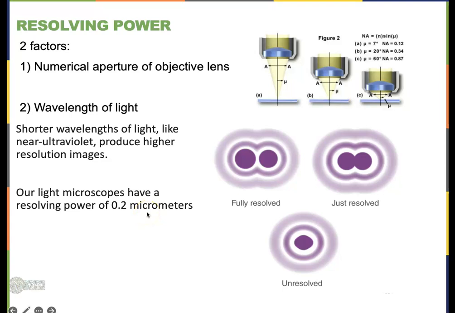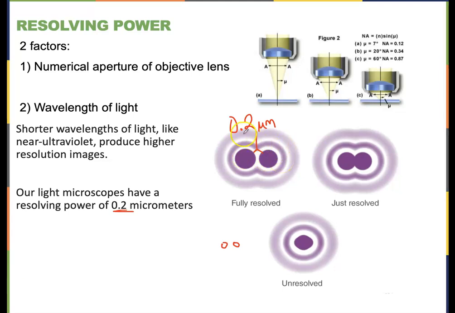What that means is that when you look under the microscope, and let me just draw this out a little bit. If 2 bacteria are separated by a space larger than 0.2 micrometers, and remember this is a length, say they're 0.3 micrometers apart, then you can tell that they're 2 different cells.